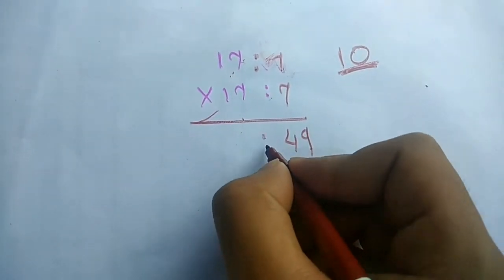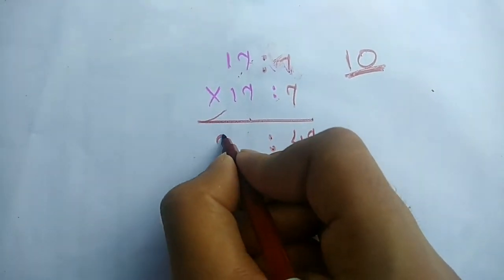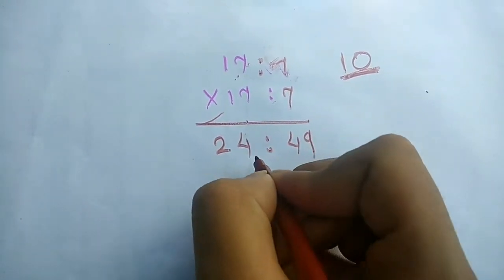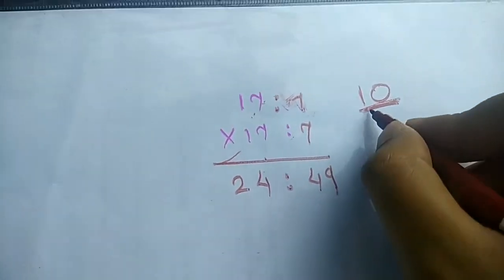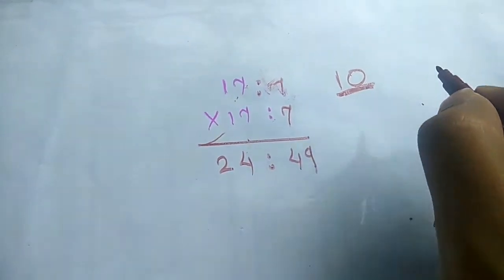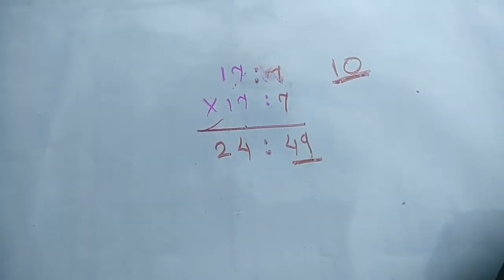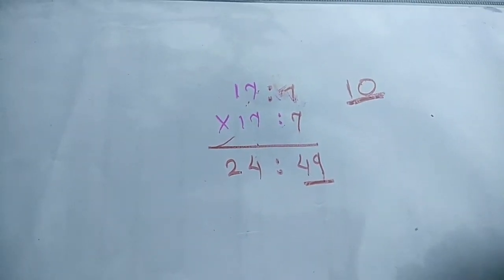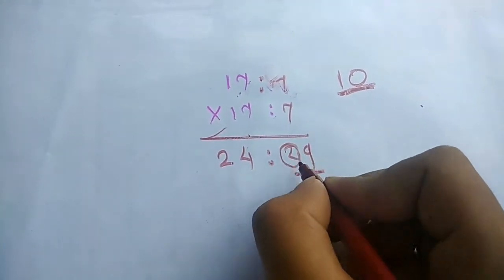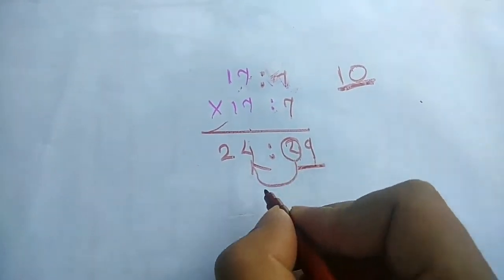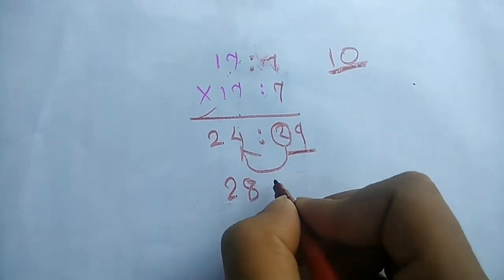If we add 7 to 17, we will get 24. Now, my dear friends, the base is 10 and we have 2 figures. What can we do? Add this 4 to that side, 2, 8, 9.